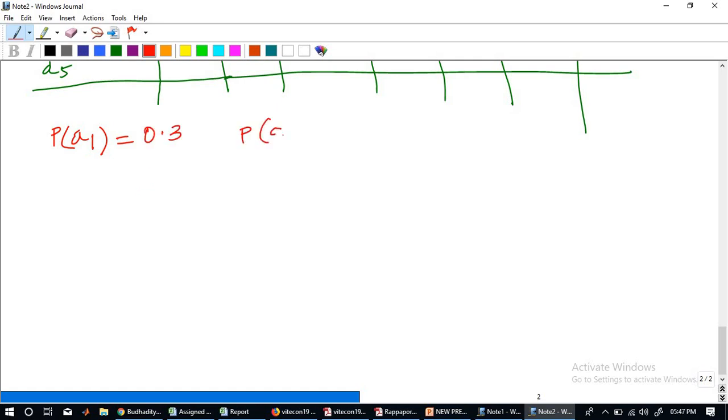Probability of A2, 0.1. Yes, I'll give it 0.1. A3, 0.2.